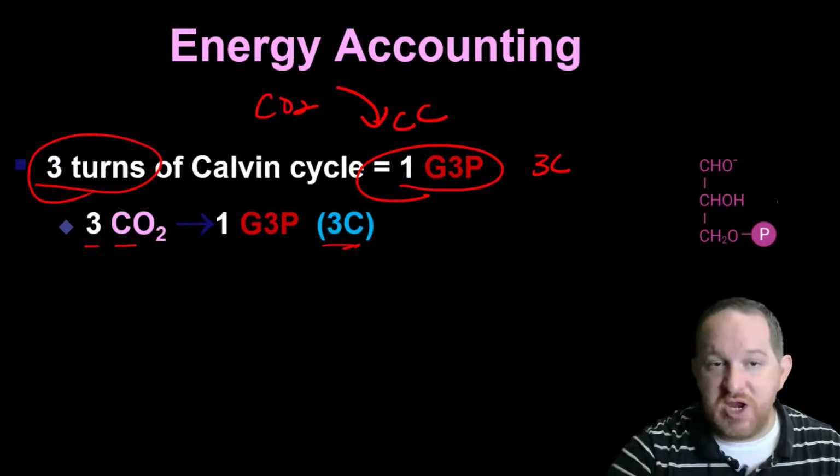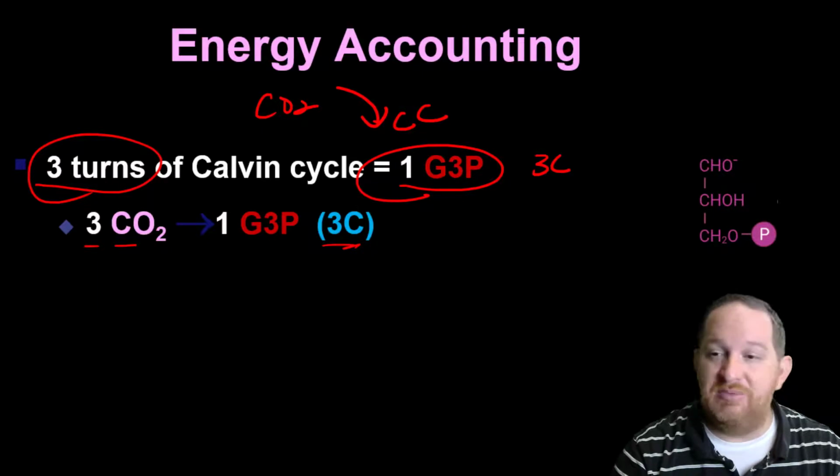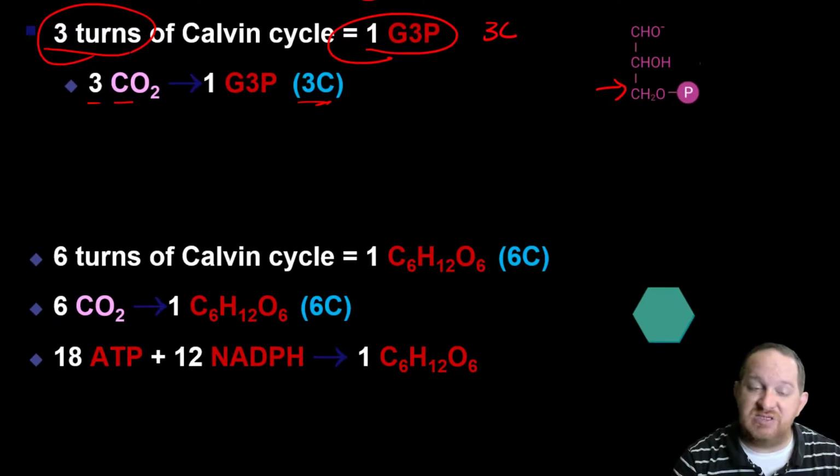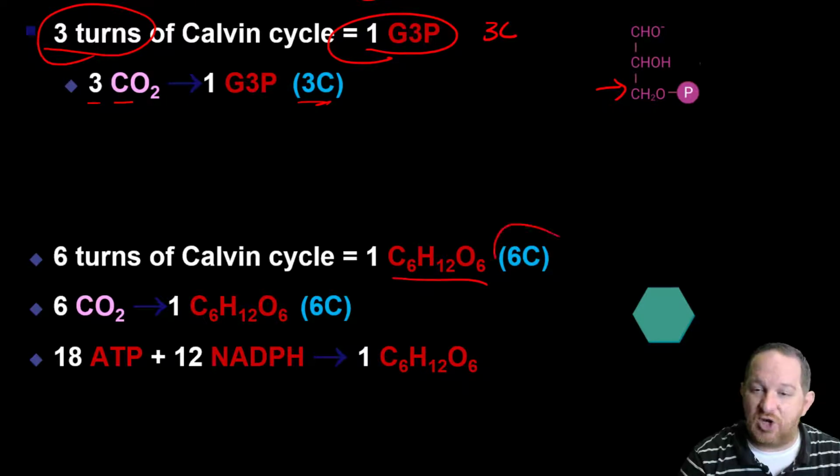So we need 3 carbon dioxides to come in to make that 3-carbon sugar, or you can think of it as 3 turns of the Calvin cycle. 6 turns of the Calvin cycle then, right, would give us glucose, a 6-carbon sugar. Because if 3 gave us a 3-carbon sugar, times 2 to get the glucose, 6-carbon sugar.